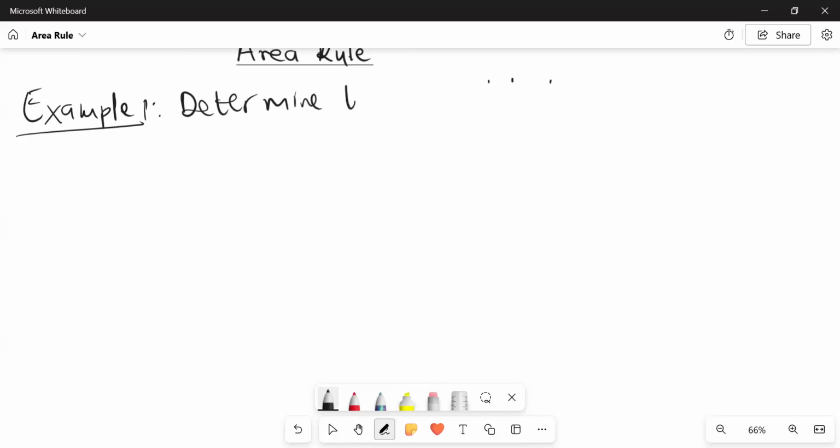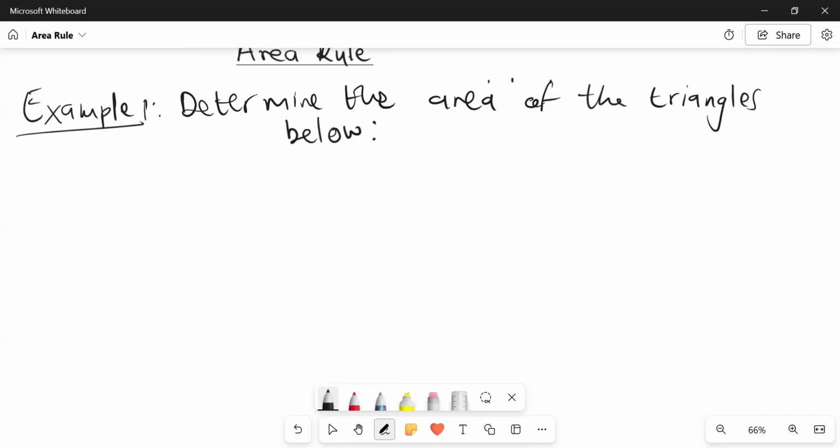Determine the area of the triangles below.